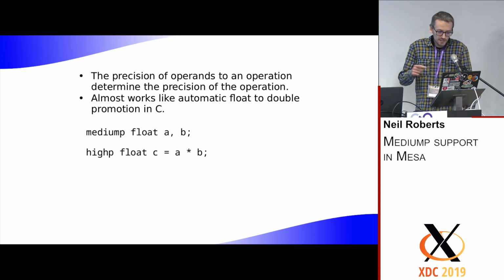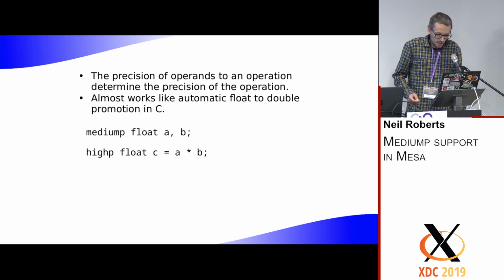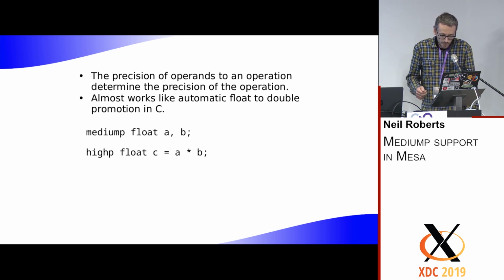So when you have an operation in the shader, the precision of the operands to that operation determine the precision that the operation can be done in. And the precision for the operands sort of escalates a bit like it does in C for the automatic float to double conversion.